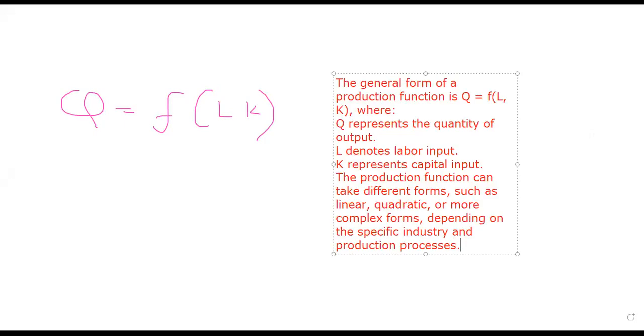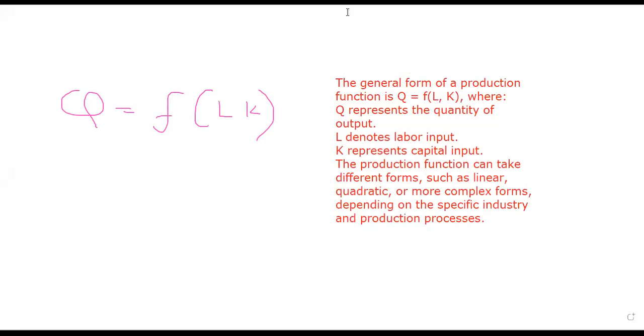The reward for labor is a wage, and the reward for capital is rent. The production function can take different forms. Some can be linear, some a quadratic form, others a complex form, depending on the specific industry we're dealing in.